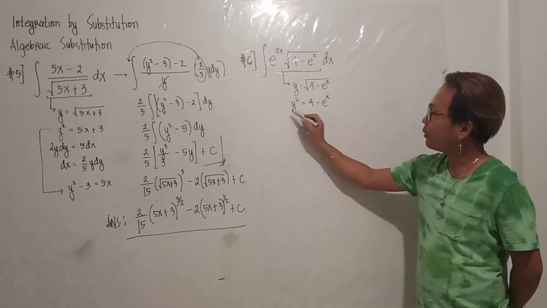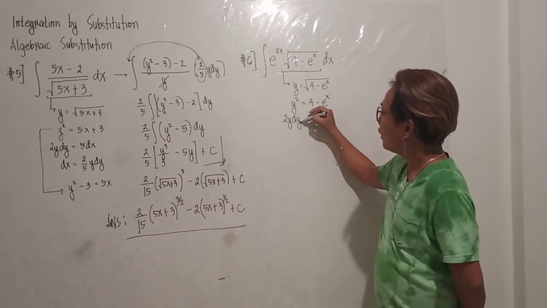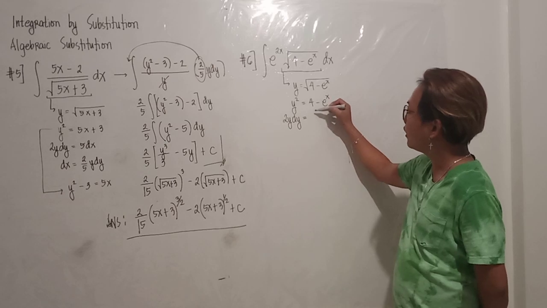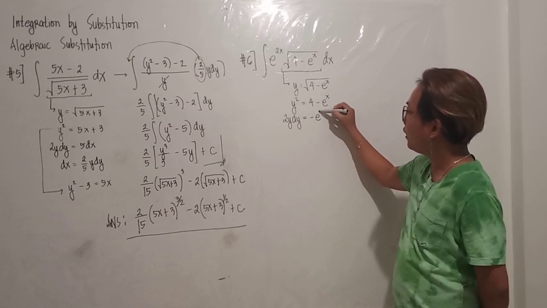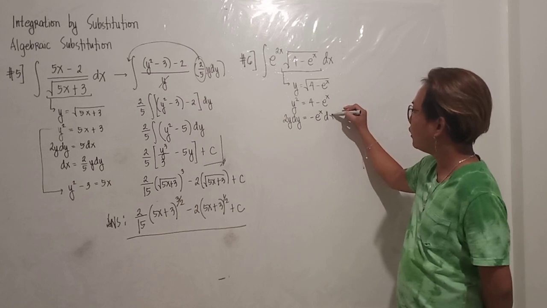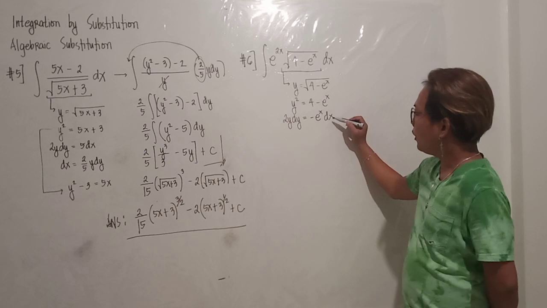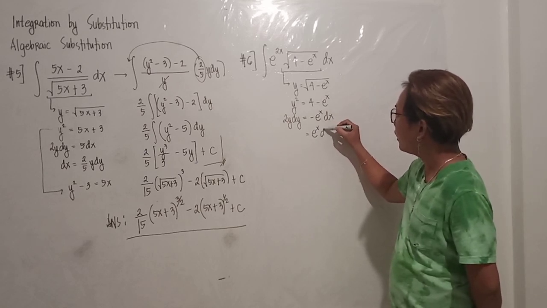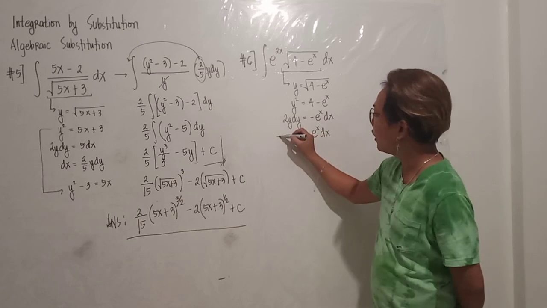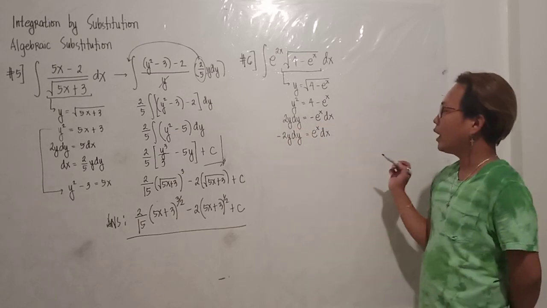Then take the derivative of this equation, you will now have 2y dy equals, this is 0. Then the derivative of this part is negative e raised to x dx. So you can have e raised to x dx equivalent to negative 2y dy.